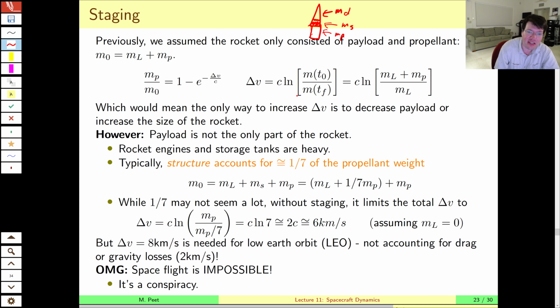The reality is that we need structure to contain the payload. Rockets are not popsicles, right? They don't just burn off the top, the bottom, and use up the structure as they go. They have tanks and they have nozzles, and those have weight, right?